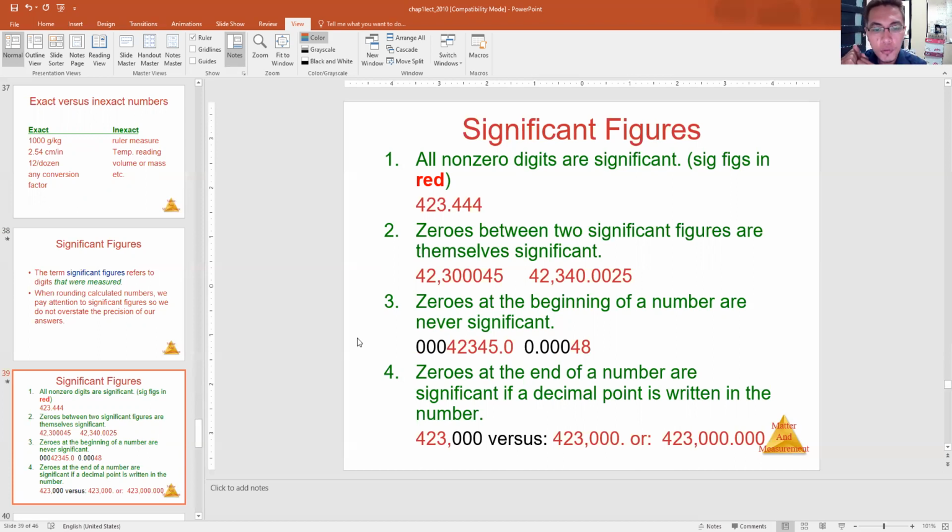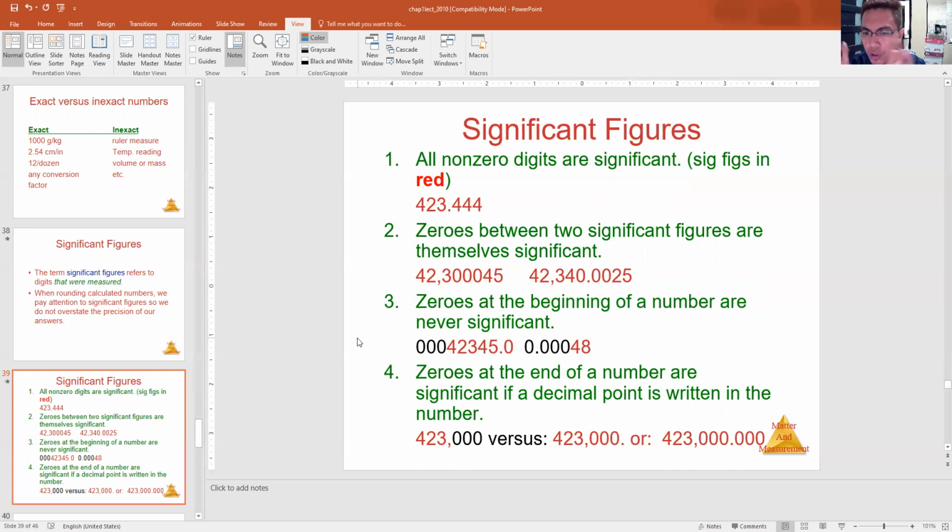For example, there is 42,300,045. So the three zeros are in between significant numbers like 3 and then 4. So the significant figures for number 2 in the first number, 42,300,045, there are 8 significant figures.